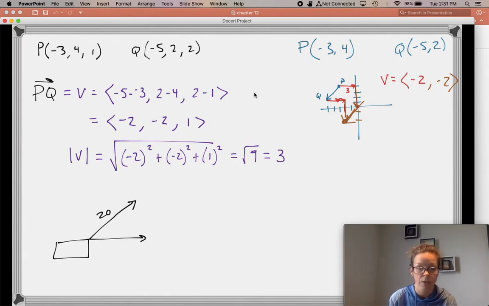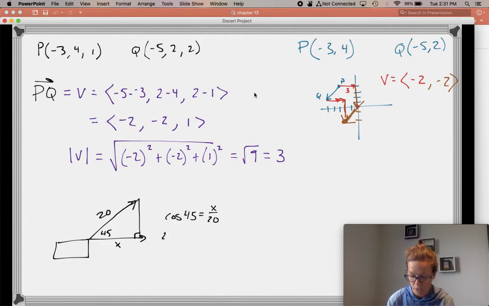We know there's 20 pounds of force on the diagonal at 45 degrees, but what we want to know is the x component of that force. So we're looking for the horizontal force. We made a right triangle there, so we can use trig. x is the adjacent, so the cosine of 45 is adjacent over hypotenuse.